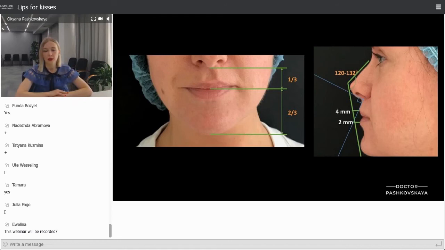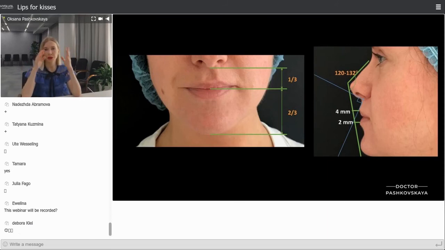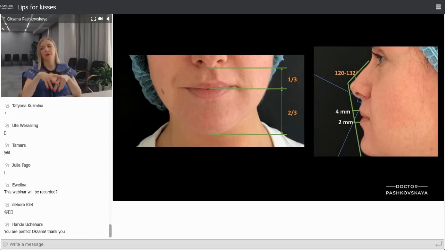And also, colleagues, always pay attention to the profile projection of our patient, because when a girl comes and asks me to inject her lips, of course she sees herself in the mirror only from the frontal point of view. But when we analyze her profile, we could recognize that there is a scope of work using fillers to harmonize her profile.